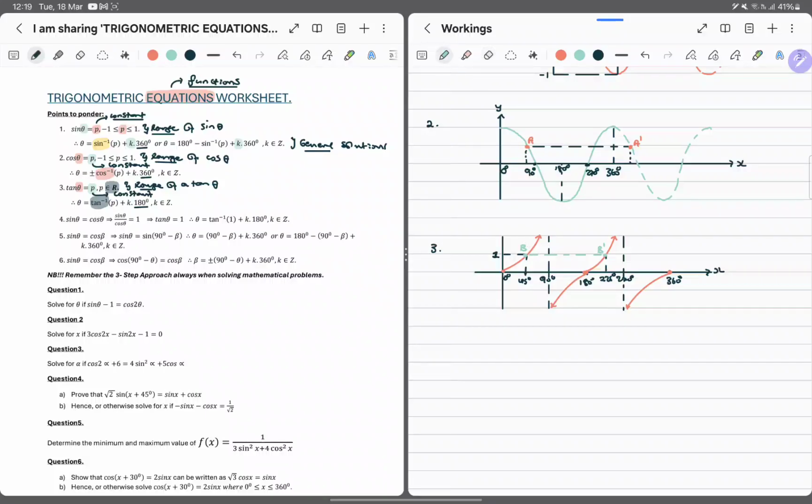So you can see that that's what we mean, that this one repeats the value at a particular angle at exactly 180 degrees later. Hence we say the period is 180 for this one. Alright guys, so I hope this is very clear and nobody misunderstands this, because it's dangerous to do so.